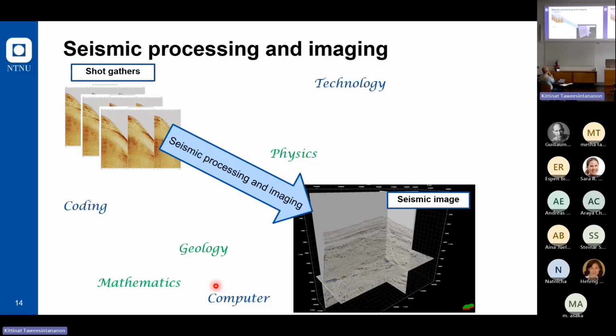In the modern day you need technology, the computer, and a lot of computation to process it, and it requires art and creativity from the person who determines the parameters for seismic processing.